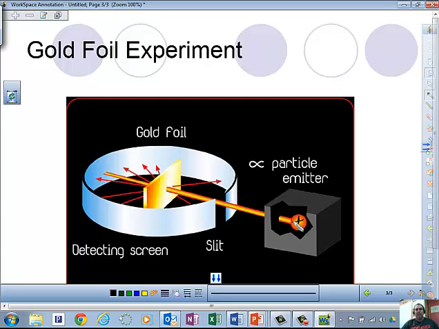If you follow that ray along, that ray hits this gold foil, but if you look, most of that ray goes straight through. I've got 3 particles up here that are deflected off, 3 particles here deflected off, and 2 particles that are actually reflected backwards.